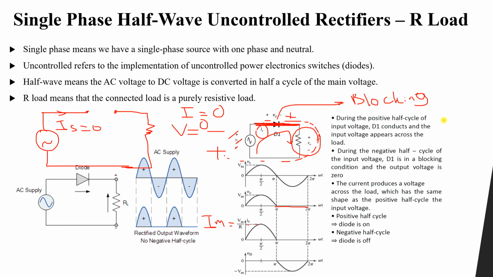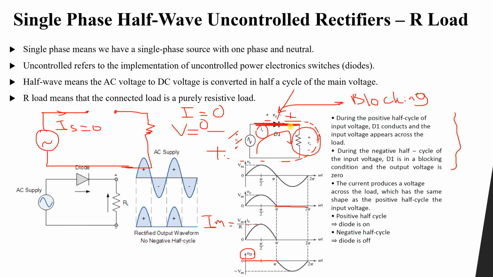Okay, so this is the explanation of what I just said regarding the positive and negative cycle. Now what about the voltage across the diode? During the positive cycle, it is a short circuit, right? So when it is a short circuit, the voltage across it will ideally be equal to 0. Why? Because it is ideally a short circuit.